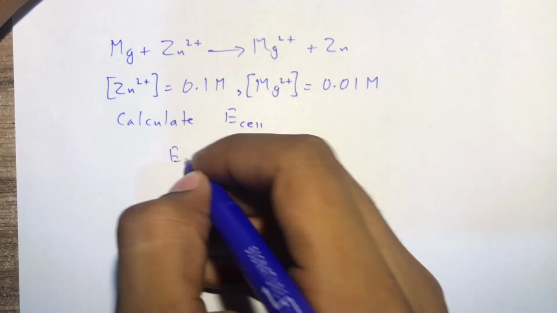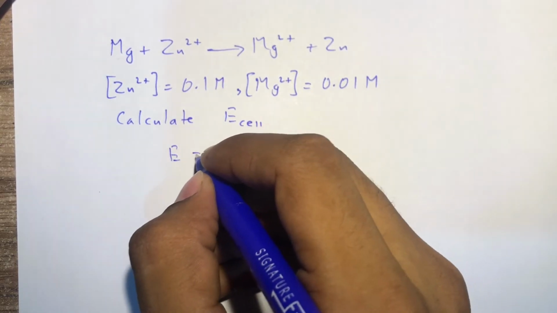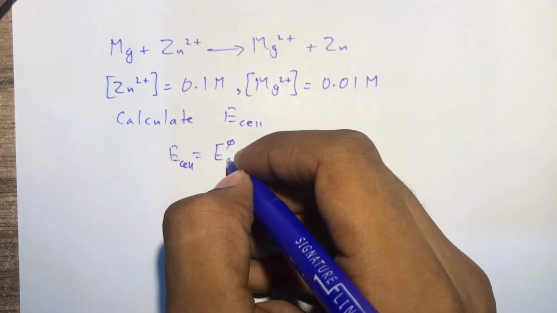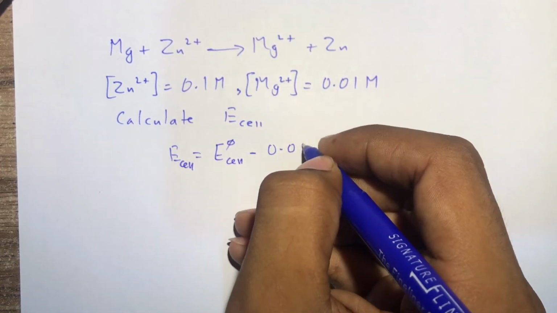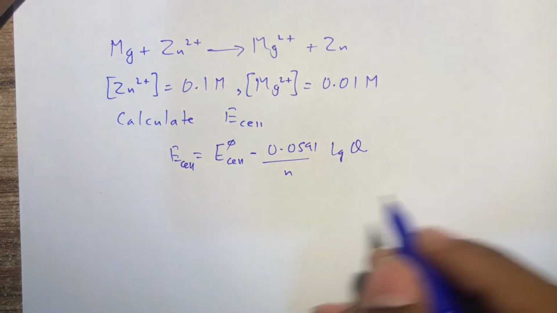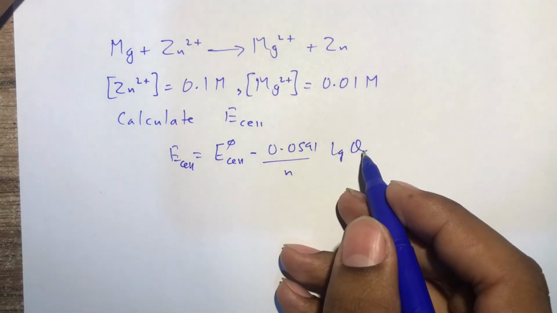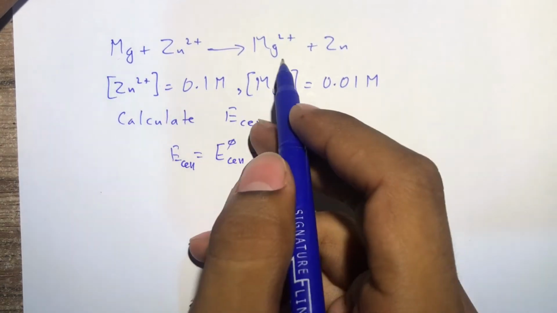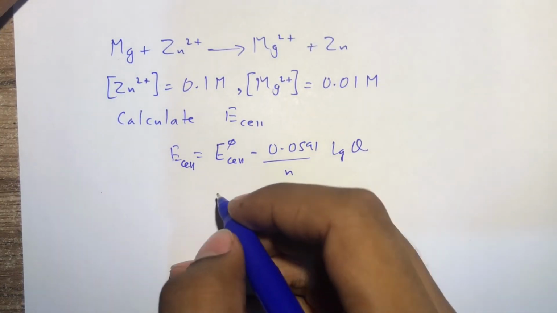Now again we need to find E cell, so we'll use E naught cell minus 0.0591 upon n log Q. We need to find n and Q. So first I'll write the half equations of magnesium and zinc.